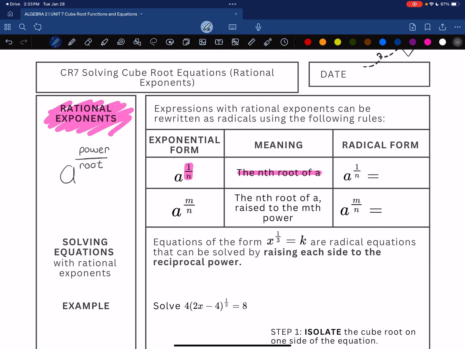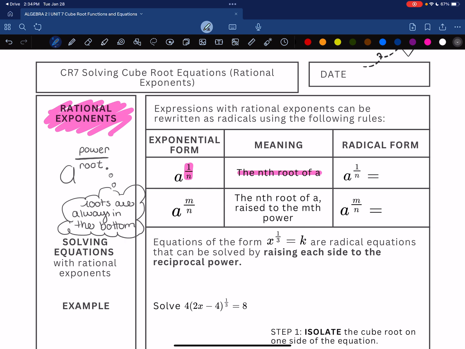The way that I remember that it is the root on the bottom is because roots of plants are always in the bottom. Right? Isn't that true? Where are the roots for plants? They're at the bottom of the plant.